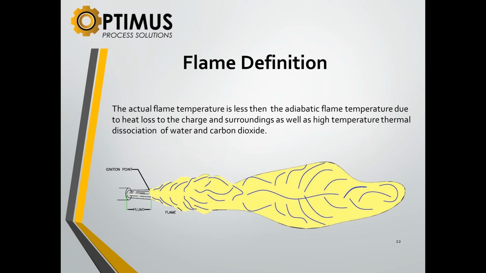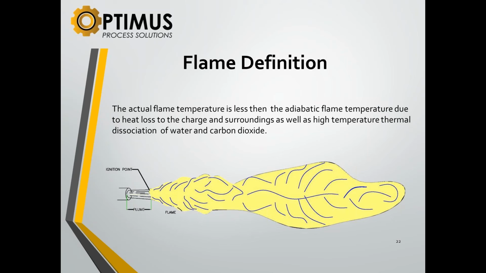It's not to be confused with reality. It might be 100 to 200 degrees lower than the predicted number. You're going to have this dissociation, which will cause a reduction in heat output, because it's converting it back into the elemental form. Right. So you're losing heat.